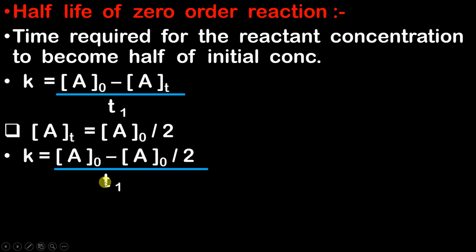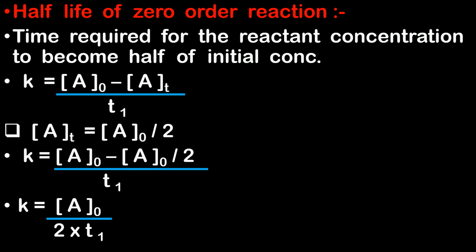And after further simplifications, we get the final formula for half-life, that is k equals initial concentration divided by 2 times t1. Now here the value of t1 that you will get will obviously be the half-life. So for any zero order reaction, you are going to use this formula, and with the help of this formula you are going to calculate the value of t1, and the value of t1 that you will get is nothing but the half-life of that particular zero order reaction.